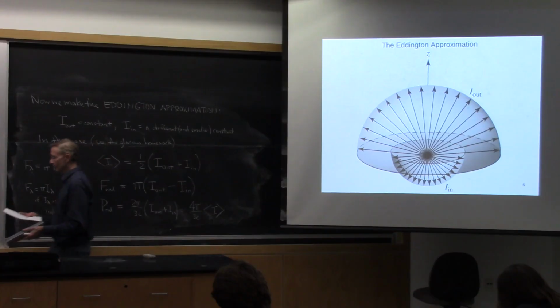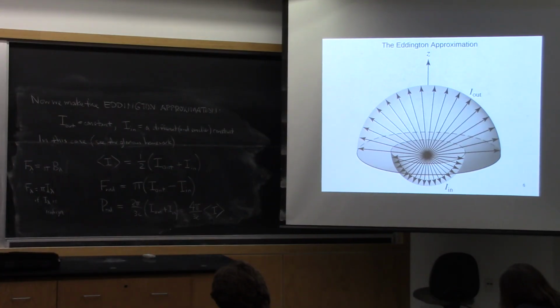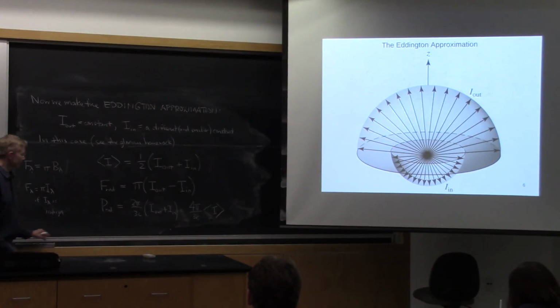And indeed, if you have an isotropic radiation field, then the radiation pressure is 4 pi over 3c times the constant intensity. But here, because it's one constant up and another constant down, it breaks apart into two pieces, each of which gives 2 pi over 3c.